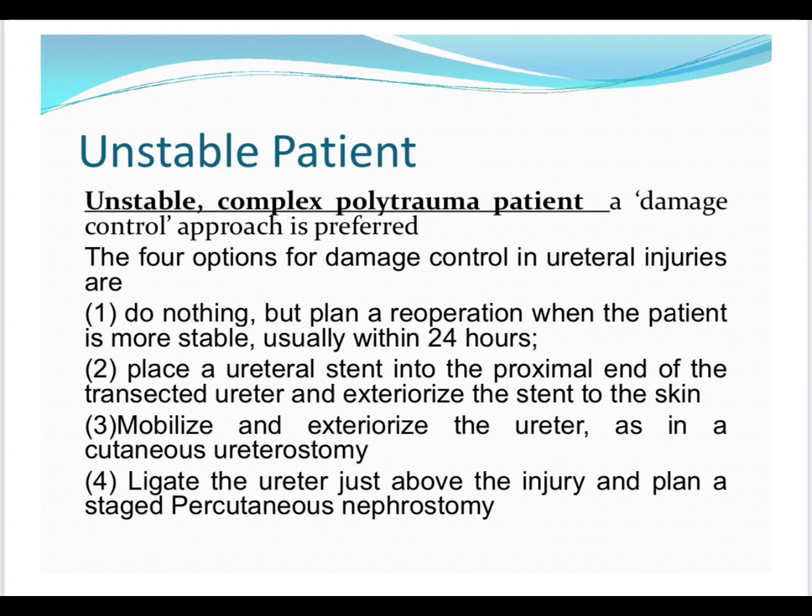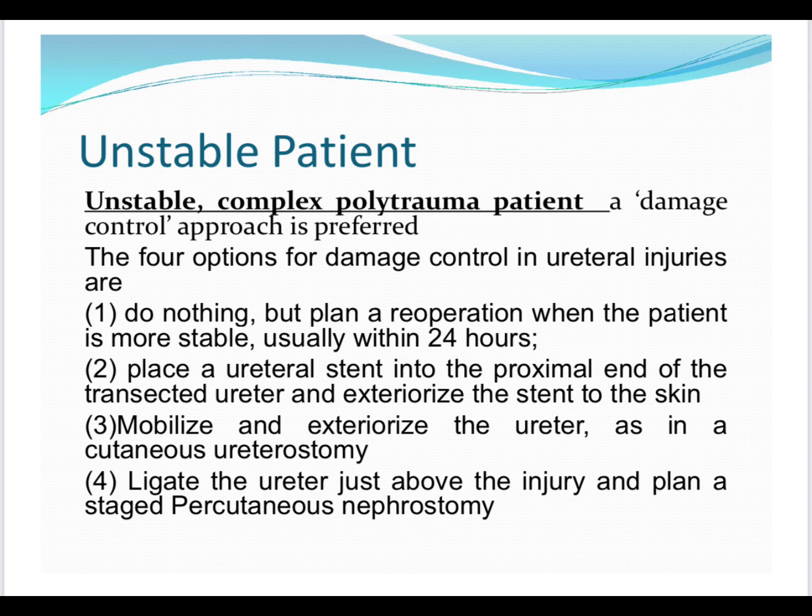So if a patient is on the table and you have been called, the most important thing is to identify if the patient is stable or unstable. If the patient is unstable, what options do you have? There are four options for damage control in ureteral injury.